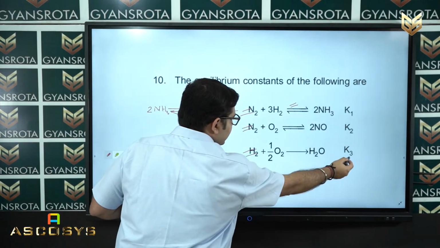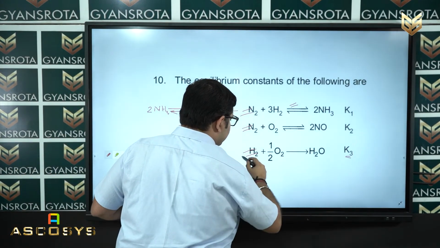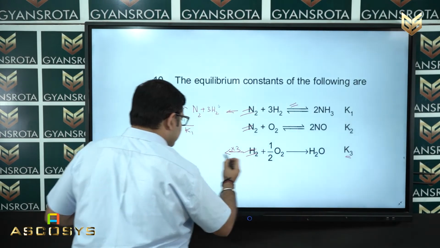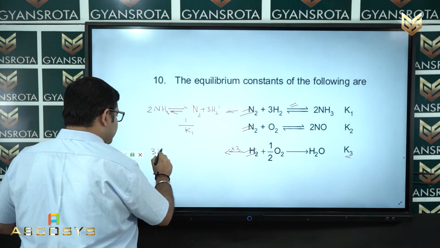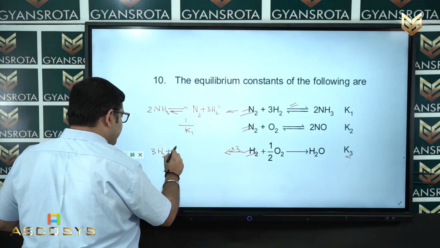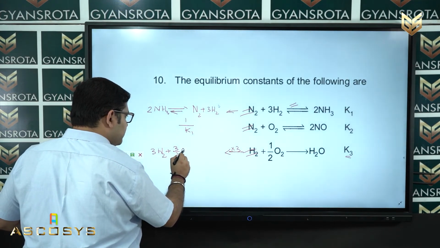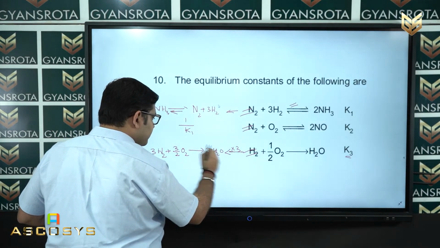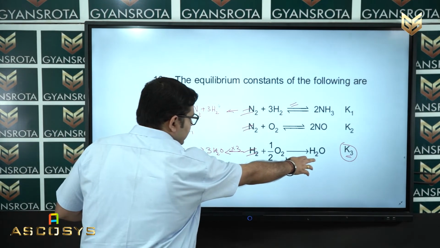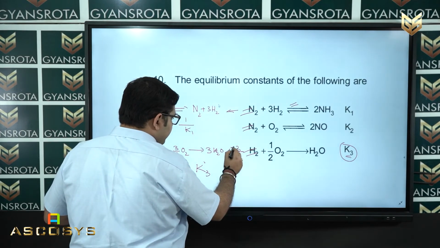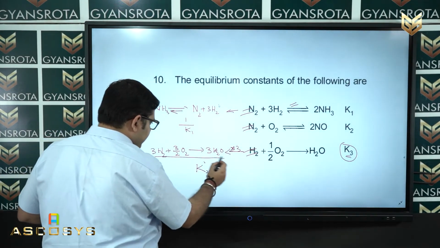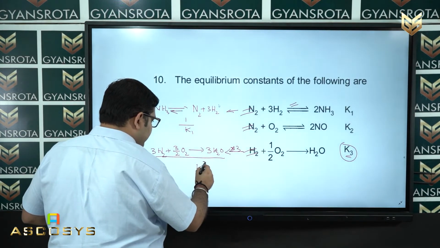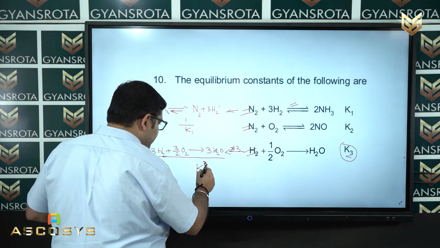Now, if you see the last reaction with K3, if I multiply it with 3, what will you get? You will get 3H2 plus 3 by 2 O2 and 3H2O. So, if I multiply this reaction with 3, you will end up with this, and as a result your equilibrium constant also goes to the power of 3.